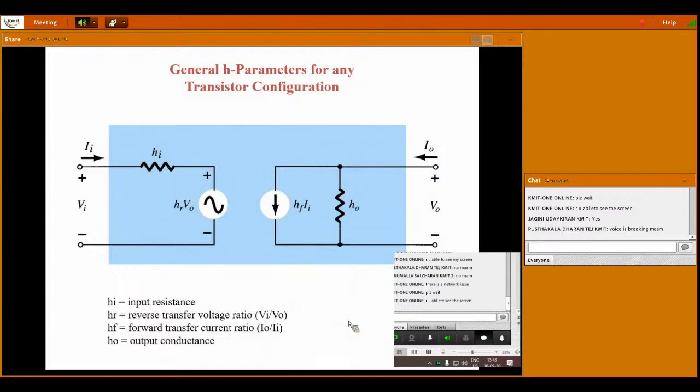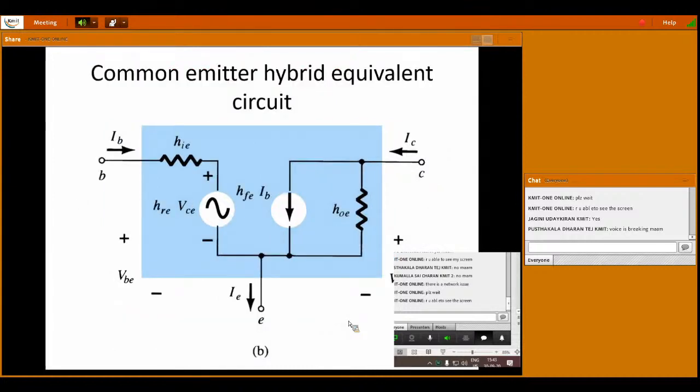Next. So this is a simple hybrid equivalent model. It is the common emitter configuration, the input current is IB, and the output current is collector current IC. The input loop is replaced with a resistance in series with a voltage source, and the magnitude of that resistance is equal to HIE.